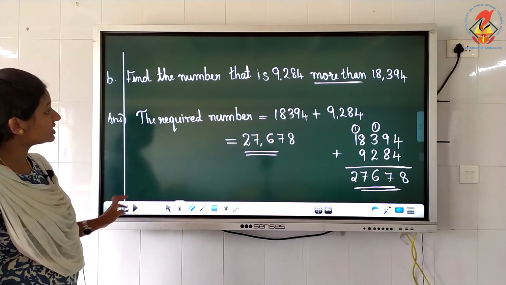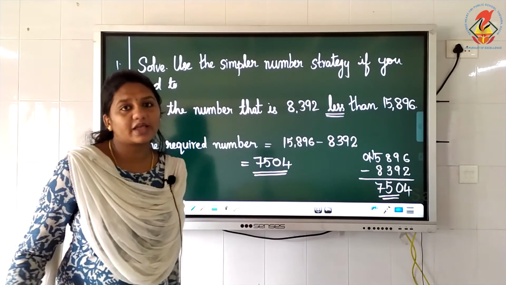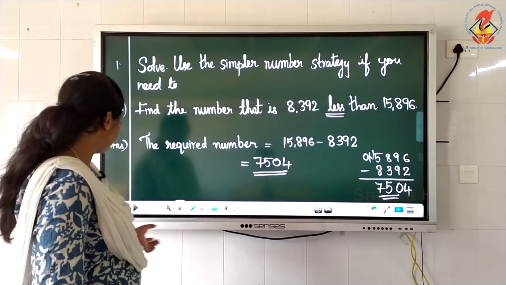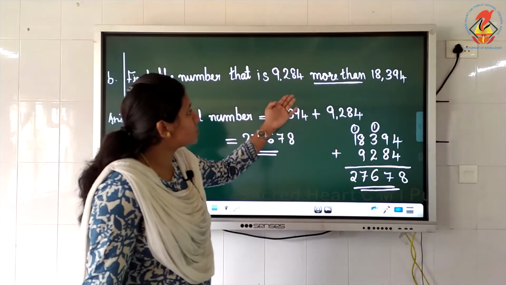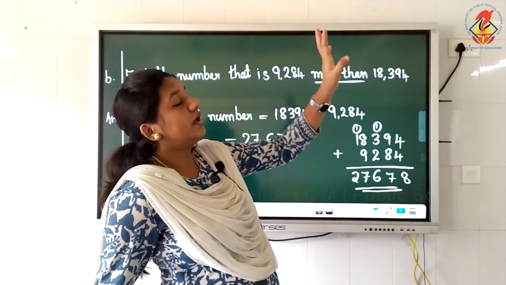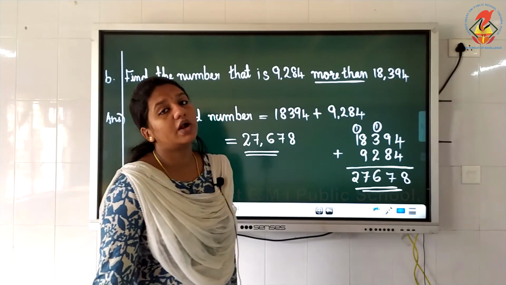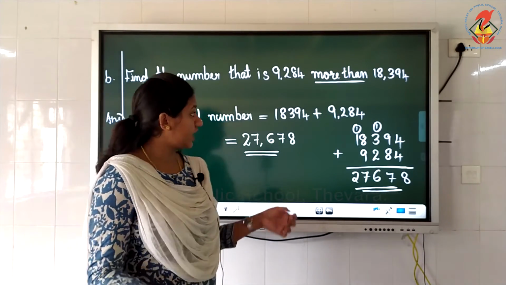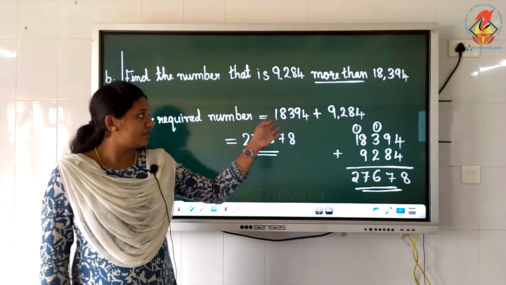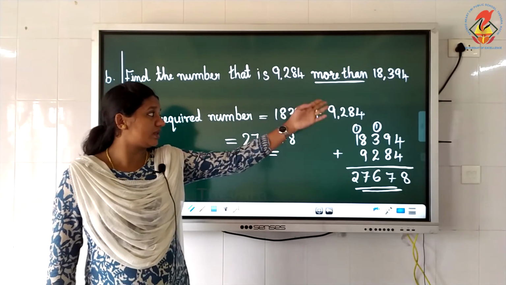The first question is less than, that means a subtraction. Here, find the number that is 9,284 more than 18,394. So, more than means it's an addition. So, add the number, this number more than this much.